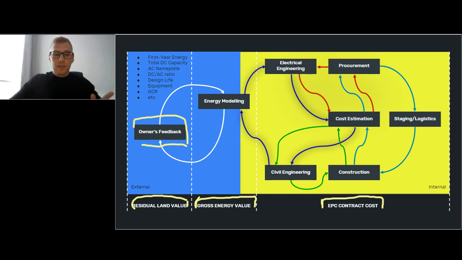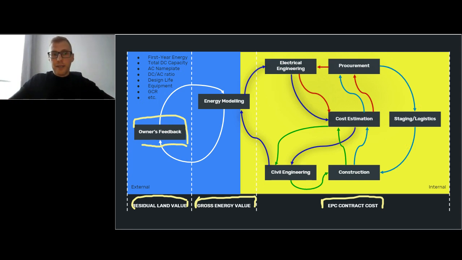And again, this layout they create is a very conceptual one. And then owners or developers gather all this information and produce what's called a request for proposal. And this request for proposal is an input for EPC contractors or any other contractors that participate in a tender.